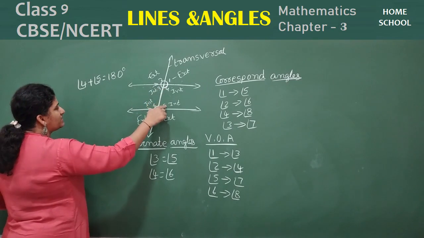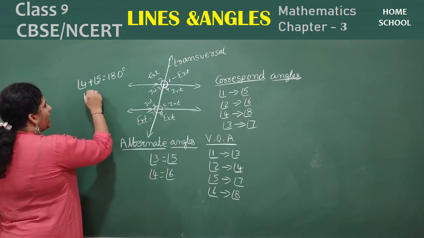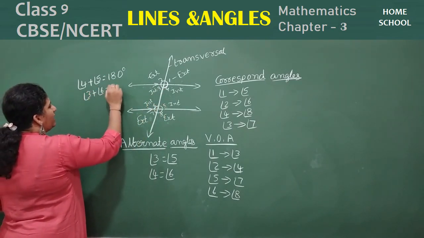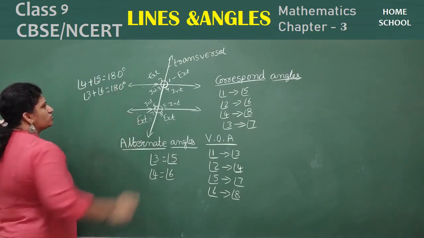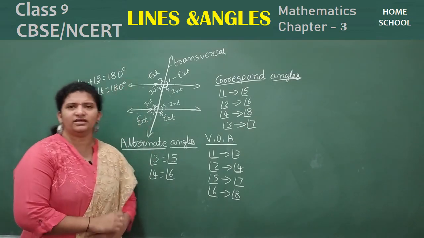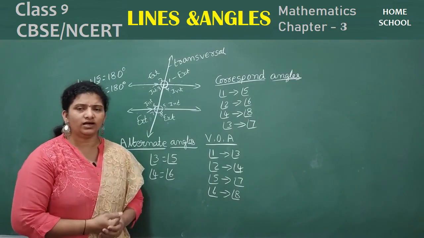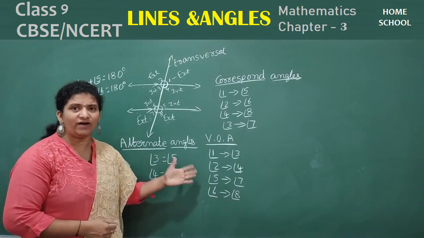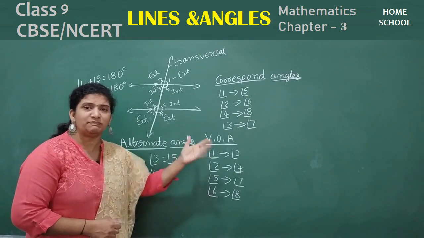Either angle 4 plus angle 5 is 180 or angle 3 plus angle 6 will be 180 degrees. So many angles we can find here, children, if you know all these rules perfectly.